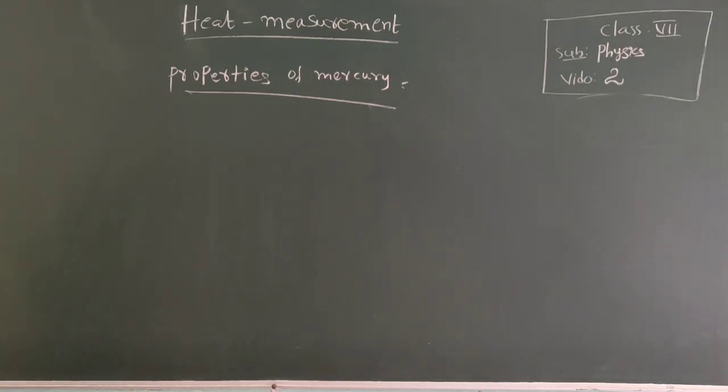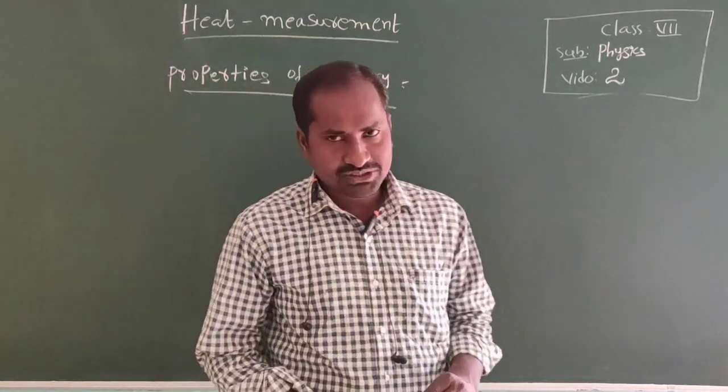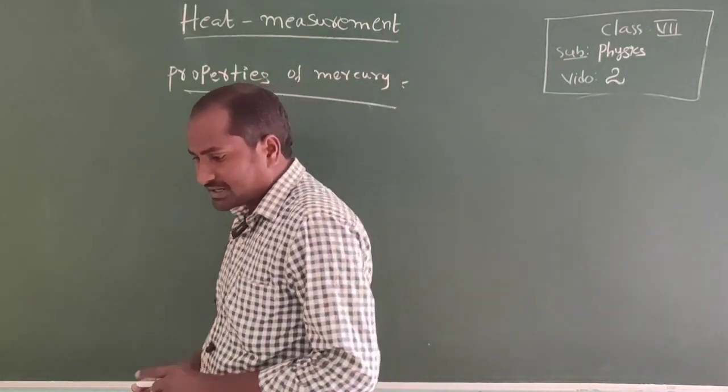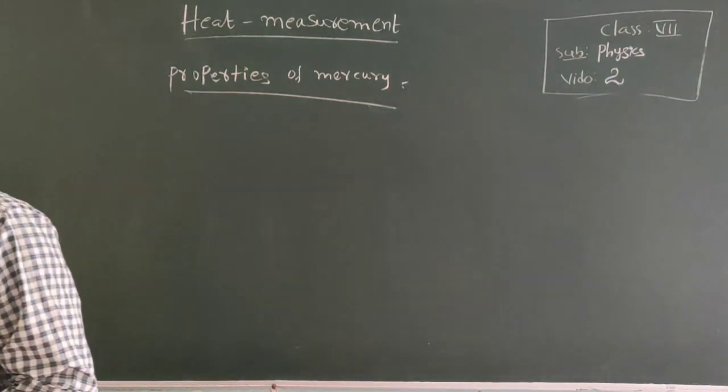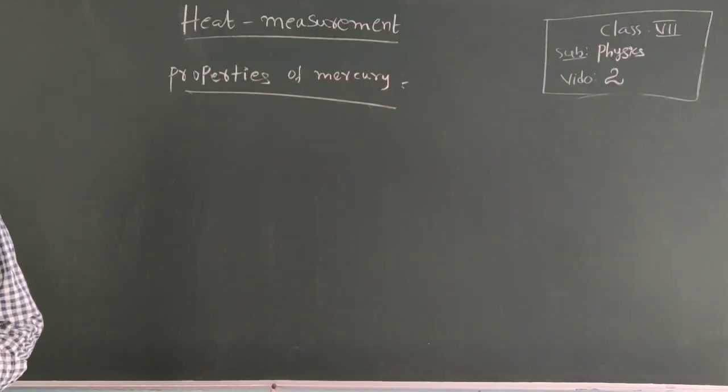Next one, properties of alcohol. It can record a very low temperature. In a thermometer, generally we use mercury. Instead of mercury, if you use alcohol, it can record very low temperature.